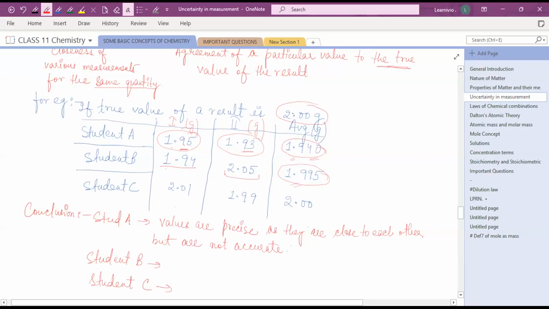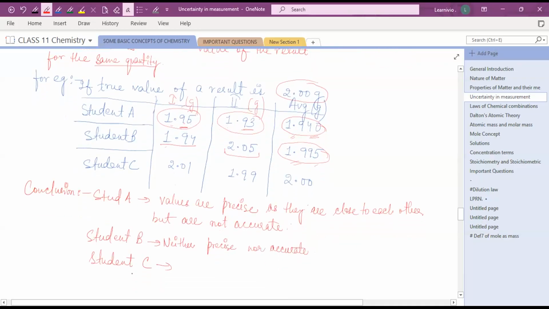The true result is 2 grams, but it is 1.995. It's not the same as the true value, so it's not accurate. So student B's results are neither precise nor accurate.